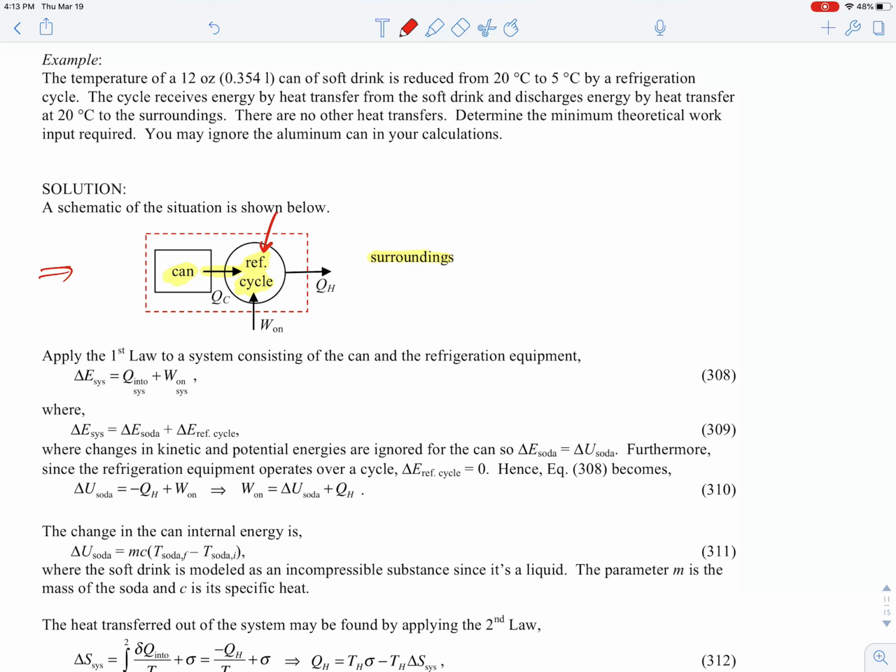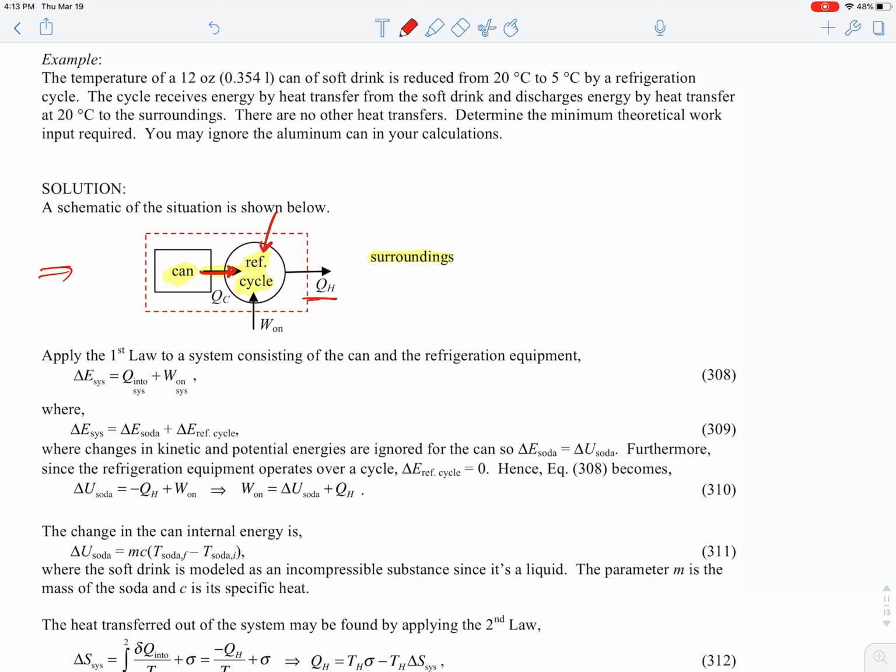So what ends up happening is the energy from the can gets absorbed into the refrigerant inside that refrigeration cycle, like the R134 that's moving around from the compressor to the pump and throttling valve, etc. Right? So that heat is going from the can into the refrigerant that's in the refrigeration cycle, and then we're going to offload the heat from the refrigerant through a radiator in the back of the refrigerator to the surroundings.